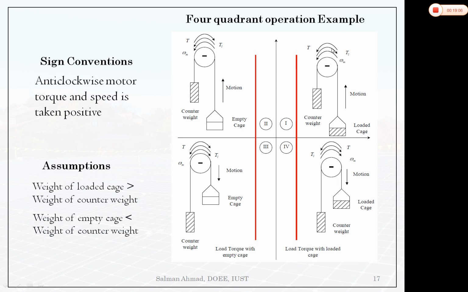Now come to the second quadrant. Here we have an empty cage and it is to be moved up. Since the counterweight has more weight than the empty cage, in order to have a safe speed, the load torque will be in the anti-clockwise direction, so the motor torque must be in the clockwise direction to balance the counterweight.